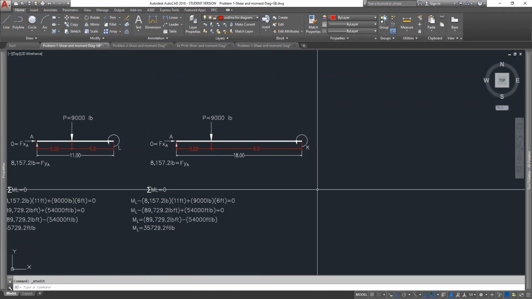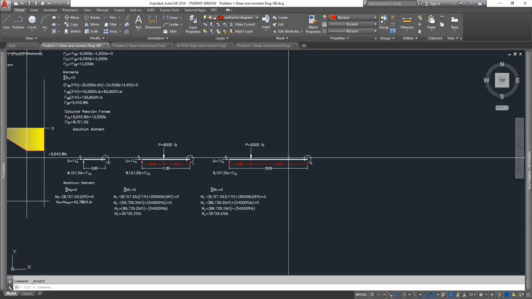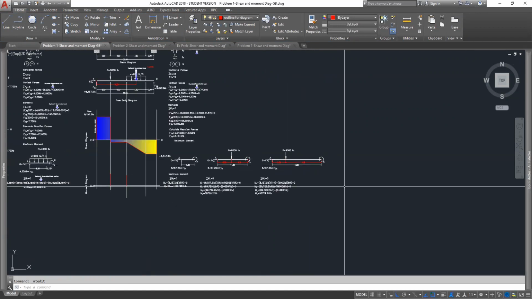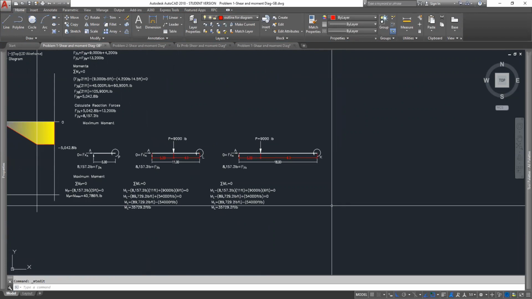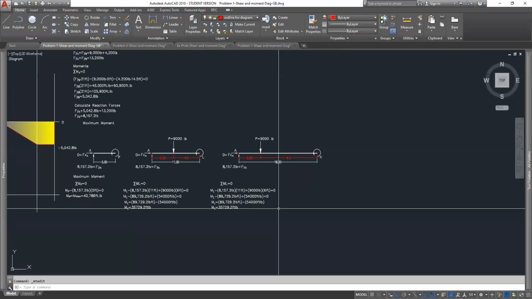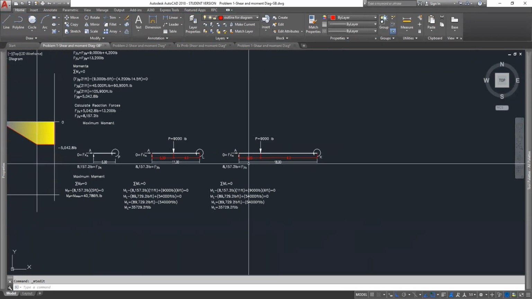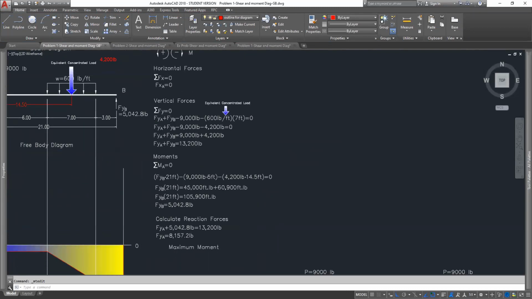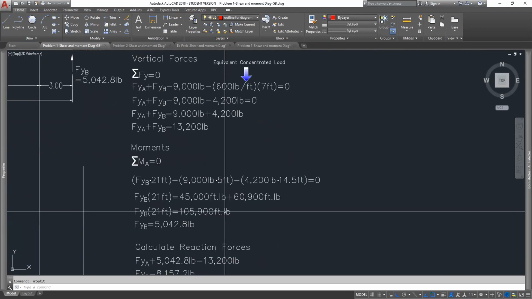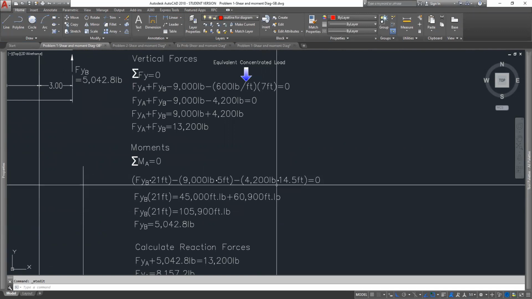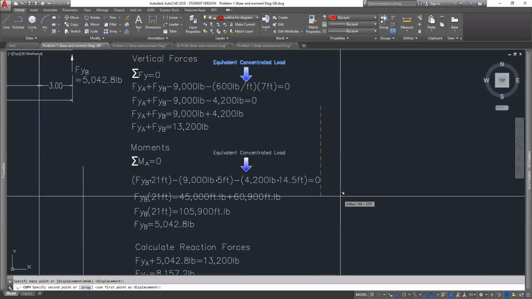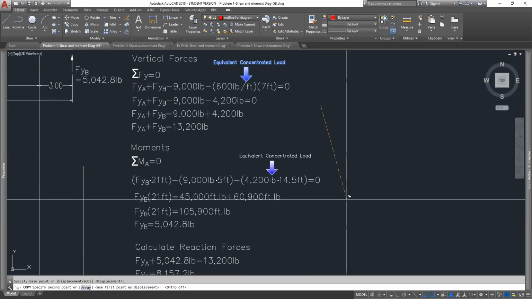Okay. And what do you think we need to find in here to calculate the moment? We have a distributed load. When we did our first moment equation, do you remember up in here, we needed to find our equivalent concentrated load times its distance.